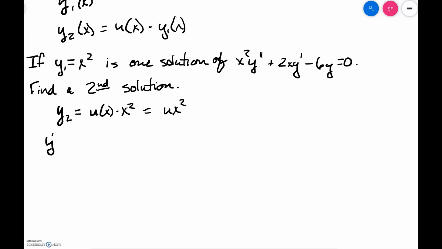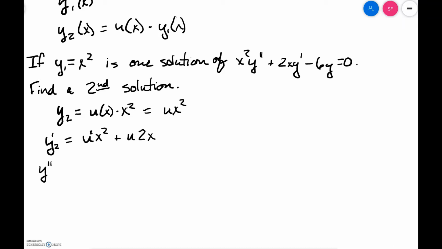So the first derivative: derivative of the first, leave the second alone, plus leave the first alone, derivative of the second.